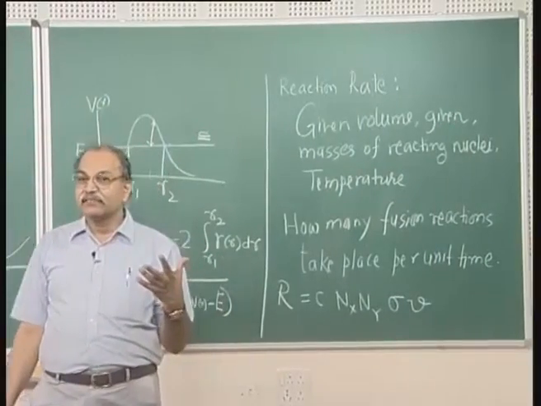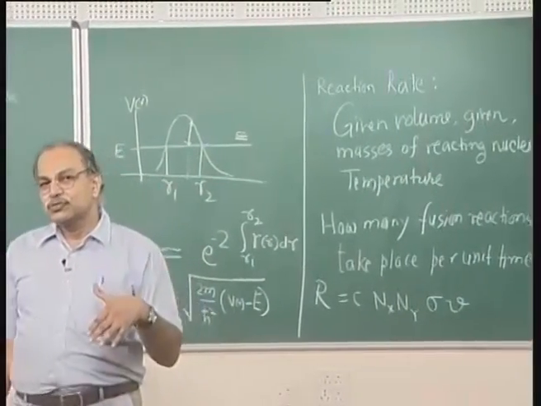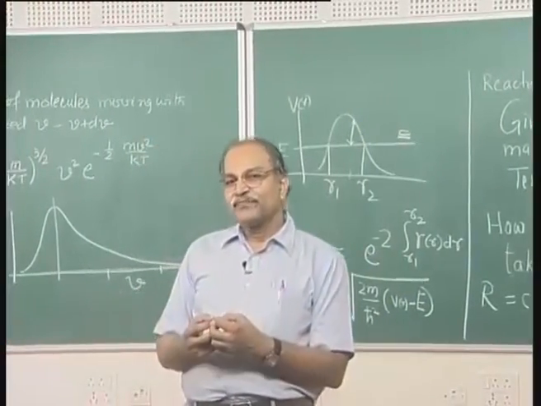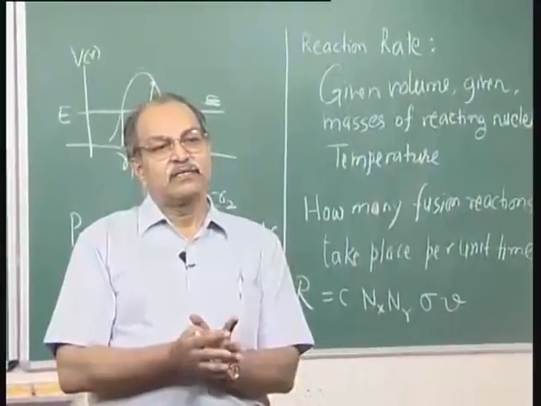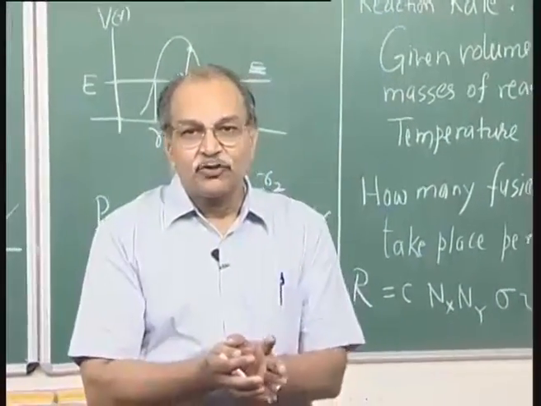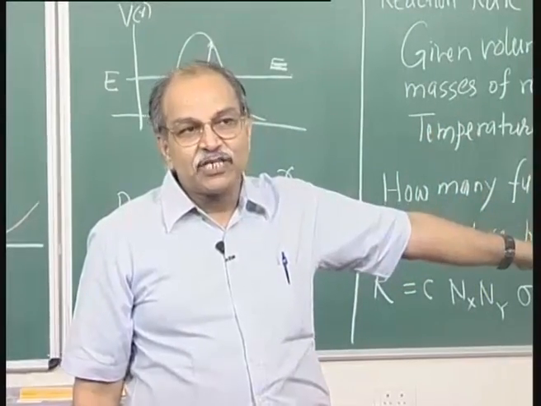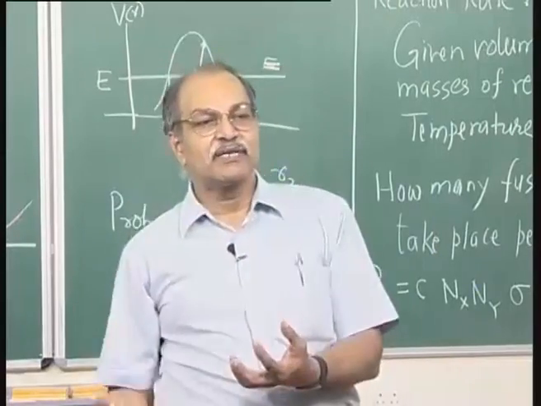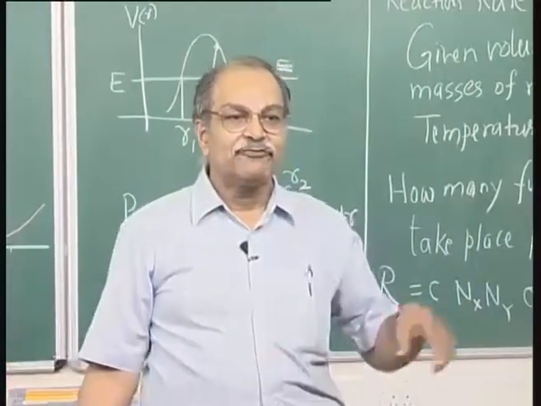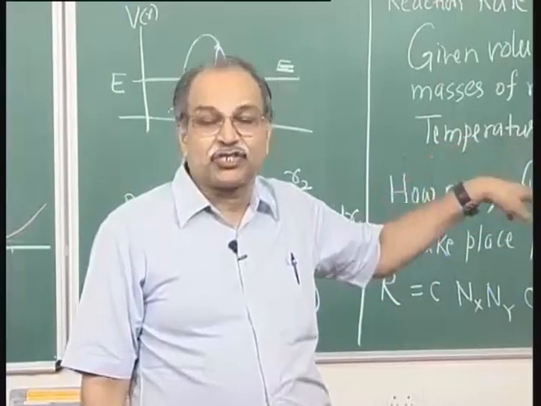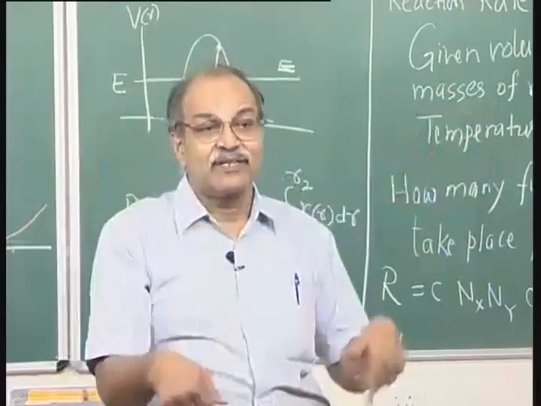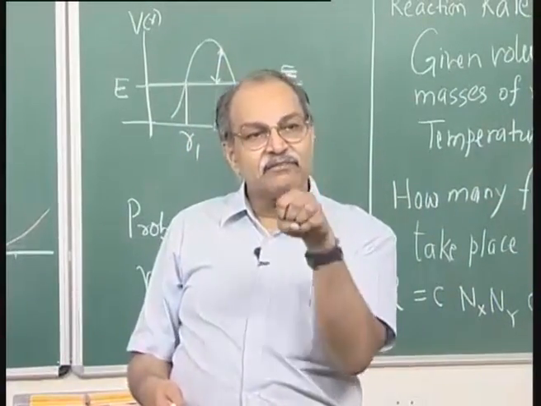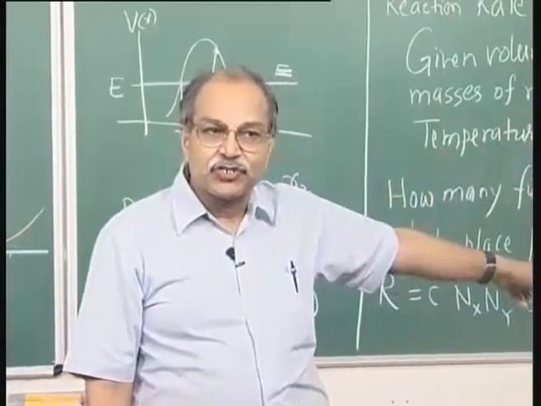But then, as I said, all these nuclei which are moving in this thermonuclear reaction volume are not going with the same velocity, the Maxwellian distribution. You have some particles going with this velocity, some particles going with that velocity and so on, and therefore one has to take an average of this whole reaction rate that we are writing for a particular V. If we consider a particular relative velocity of a pair, then it is this.